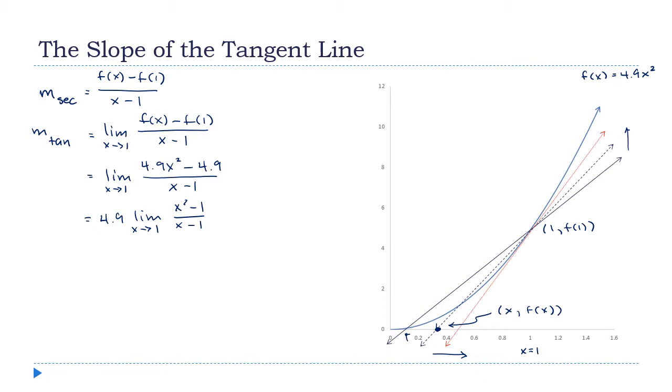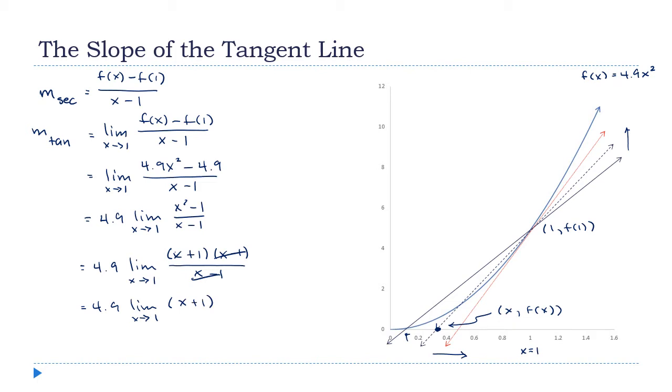And we've seen many examples now. Sometimes we can fix this. I'm going to factor the numerator. This is 4.9 times the limit as x approaches 1 of x plus 1 times x minus 1 over x minus 1. And just like we've seen happen many times, these x minus 1s cancel. This is 4.9 times the limit as x approaches 1 of x plus 1. x plus 1 is just a polynomial.